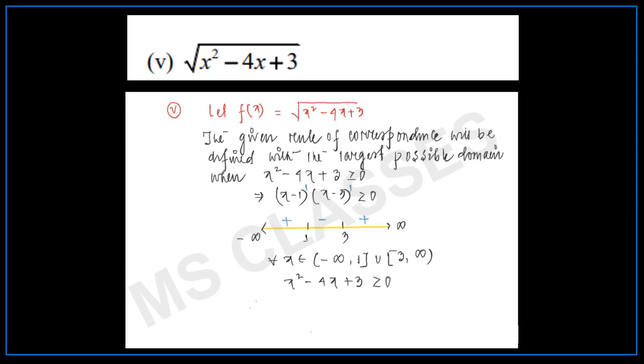Therefore, domain of f will be minus infinity, 1 union 3, infinity.